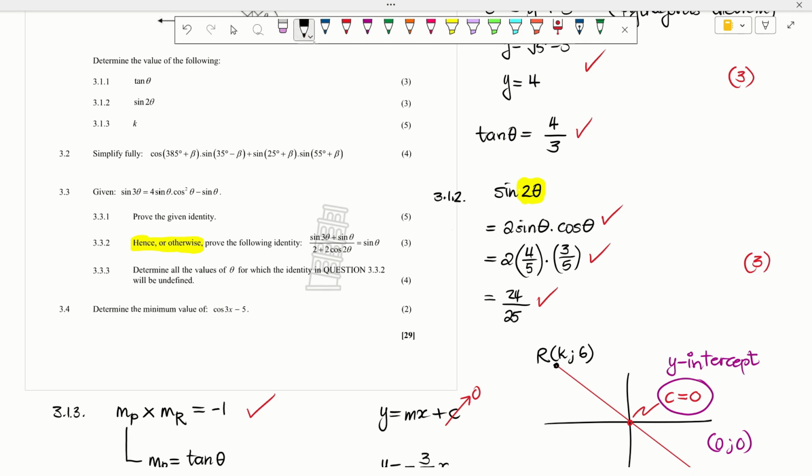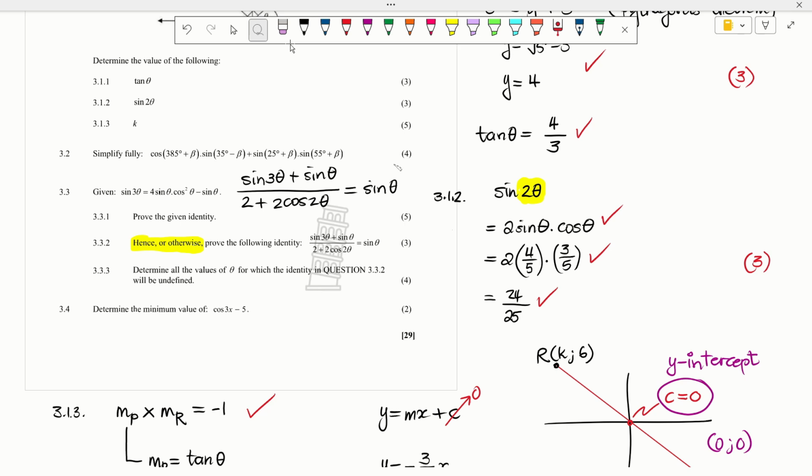So we're supposed to prove the identity that says (sine 3 theta plus sine theta) divided by (2 plus 2 cos 2 theta) is equal to sine theta.